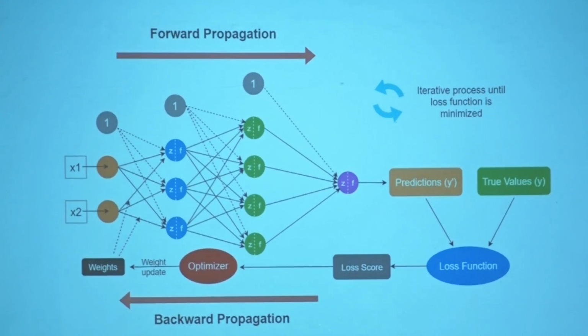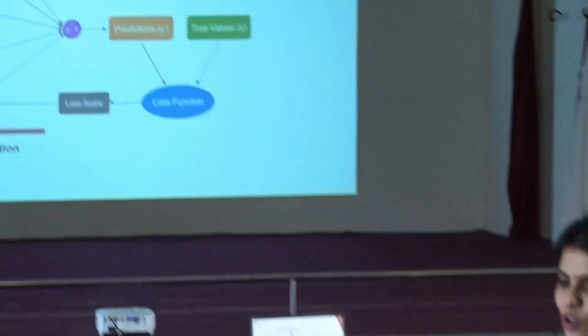Now I want to connect this input layer to the first hidden layer. How do I do that? With Z1. Z1 is WX plus B. I am forming a channel that connects the input layer to the hidden layer. That is called the transfer function, which is nothing but Z, which is WX plus B. After this, I apply the activation function, which is ReLU, called A1.